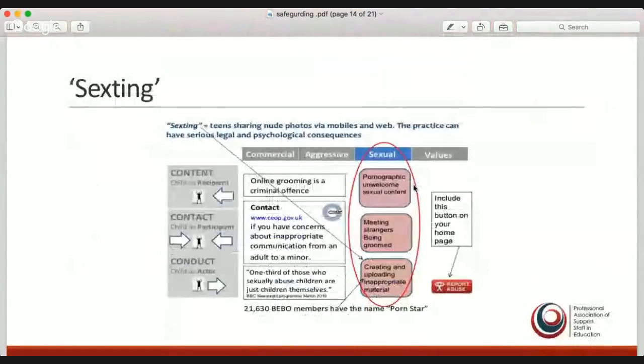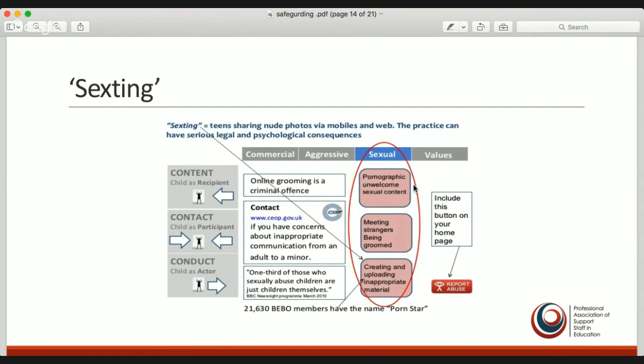Sexting. This is a huge concern, and it's been a real problem in secondary schools at the moment. The impact of this on young people is horrendous. Sexting, for those of you who are unfamiliar with the term, is sharing nude photos via mobile phones.